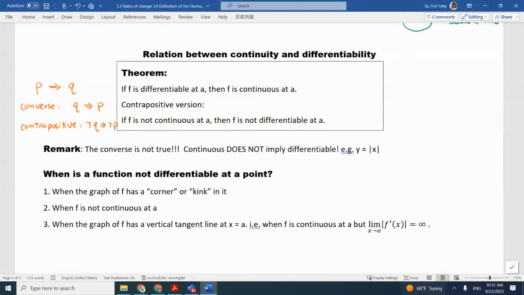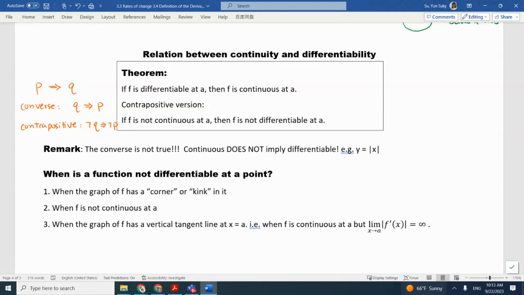So if P implies Q is true, then not Q implies not P is also true. Those two statements are either both true or both false. What's in front of the P and Q? Oh, that's not. In logic, this means not.